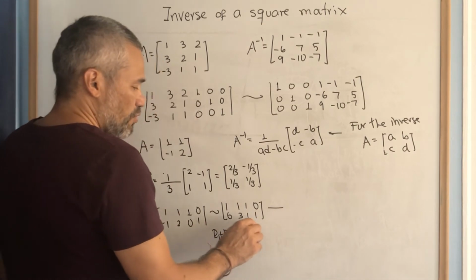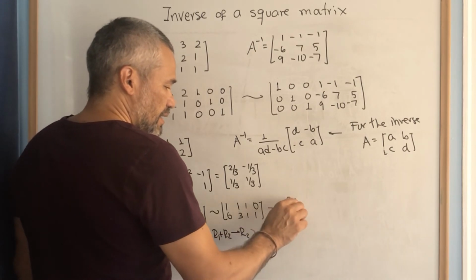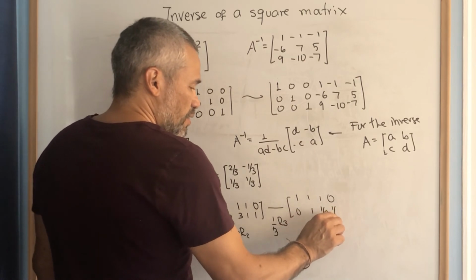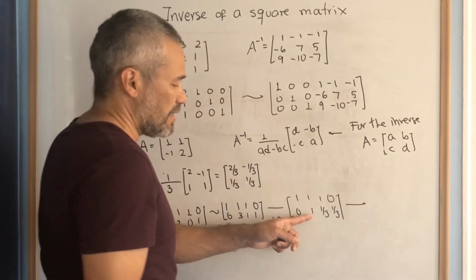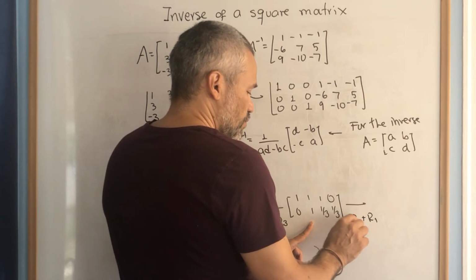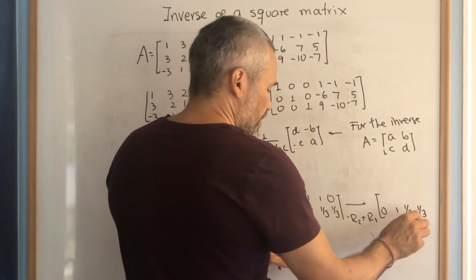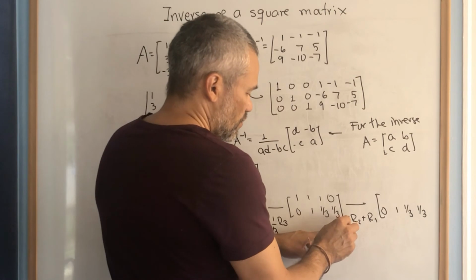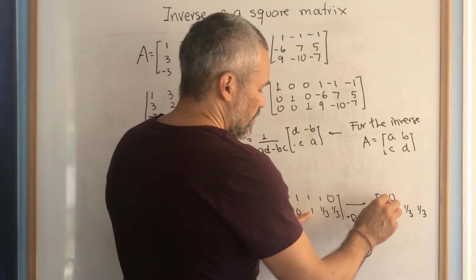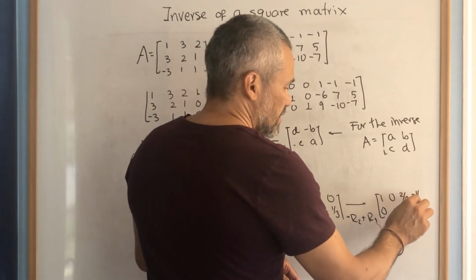Then I can divide row 2 by 3, and then I get 1, 1, 1, 0, 0, 1, 1/3, 1/3. And then I can change row 1 by adding to it negative row 2. So 1 minus 0 is 1, 1 minus 1 is 0, 1 minus 1/3 is 2/3, and 0 minus 1/3 is negative 1/3.